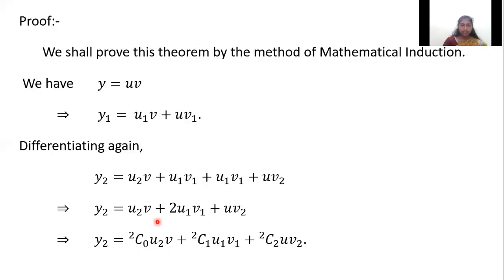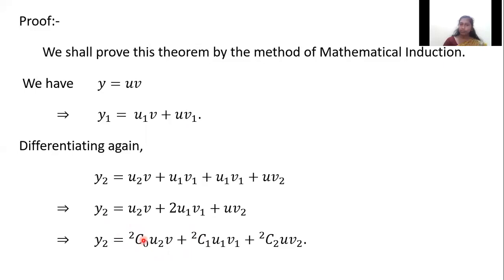Now, this same expression I'm going to express with the binomial coefficient nCr. According to the formula, the coefficient of u2v is 1, and here we are finding only the second order derivative, so n is 2 and r we can take as 0.